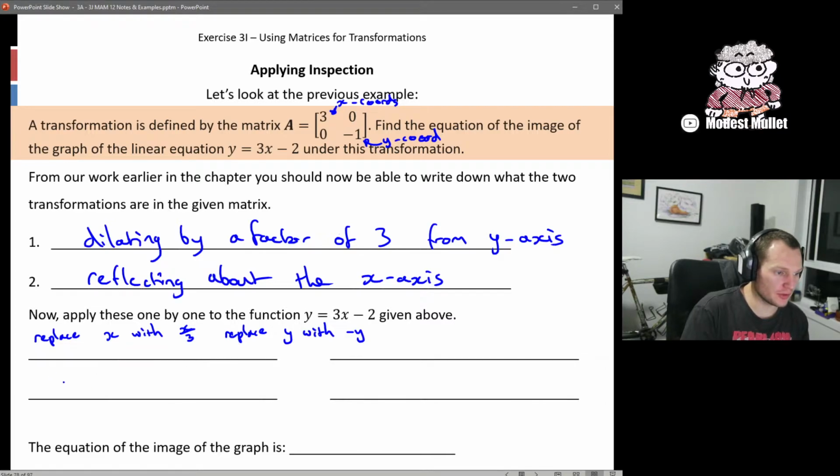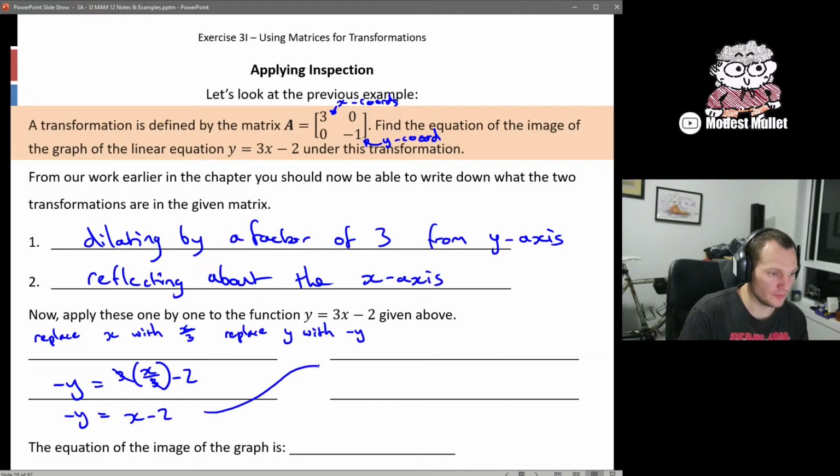We're going to replace Y with negative Y, so we get negative Y is equal to 3, and we replace X with X on 3, minus 2, and so we get negative Y is equal to the 3, and the 3 cancel, so we get X minus 2. Come over here, we just want to bring the negative across, so Y is equal to negative X plus 2.